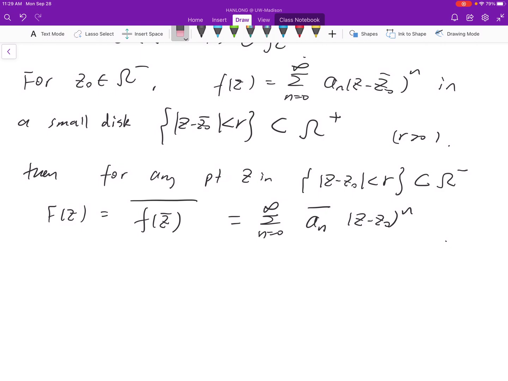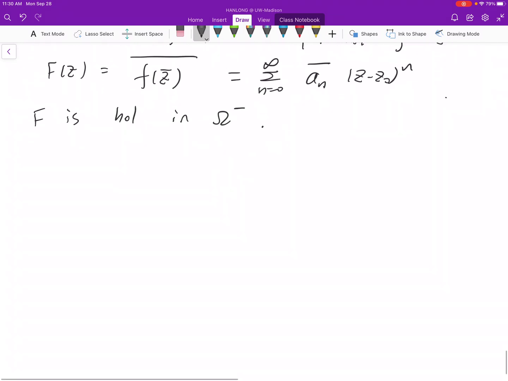Okay, in particular, capital F is holomorphic in omega minus. Therefore, the first condition holds.